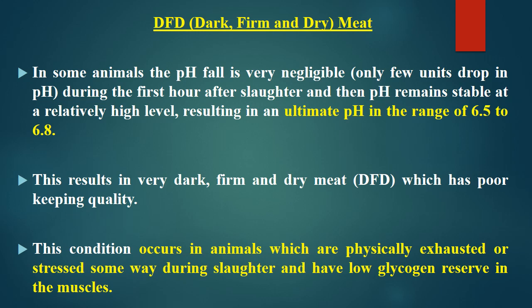So the ultimate pH is very high, and that meat will be dark in color, firm and dry. Because the ultimate pH is high, it will have a high water holding capacity, which I will discuss later. Because of the high water holding capacity, it looks dry and firm, and it also has a nature of absorbing more color and giving a dark color.